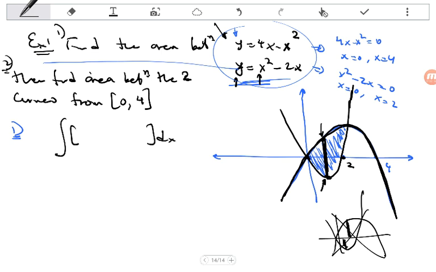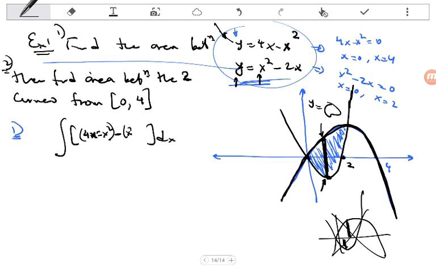Now I would like to write the form of the integral: the above curve minus the lower curve, and each of the curves should be written in the form y is equal to some function of x. It is ready here, so the above curve is 4x minus x squared. That is the above curve. What is the lower curve?